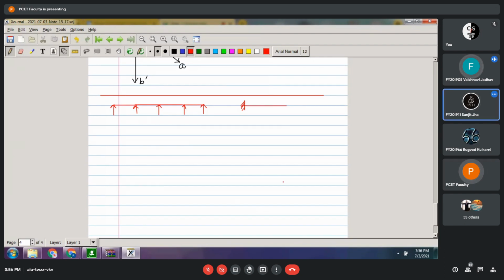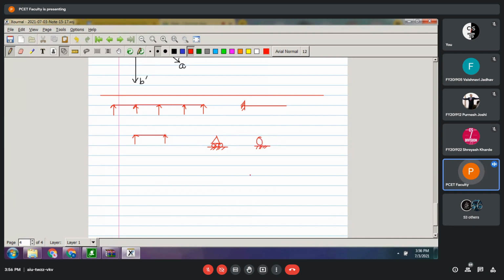Cantilever beam. बरोबर? So all these are the types of beams. Then types of support. First is your simple support, which is used in a simply supported beam. Second is roller support.